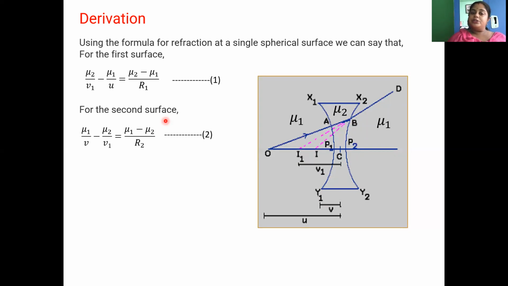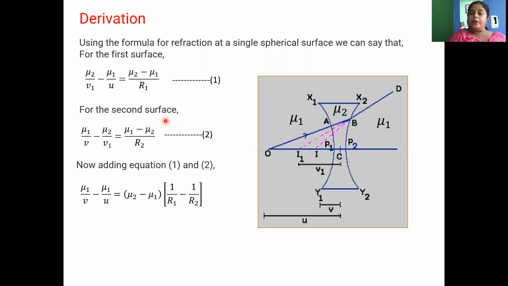Now you can add these two, equations 1 and 2. Adding equations 1 and 2, you will get this, because here mu1 by P1 and mu2 by P1 can be cancelled out. Now simplify it. mu1 can be taken common.